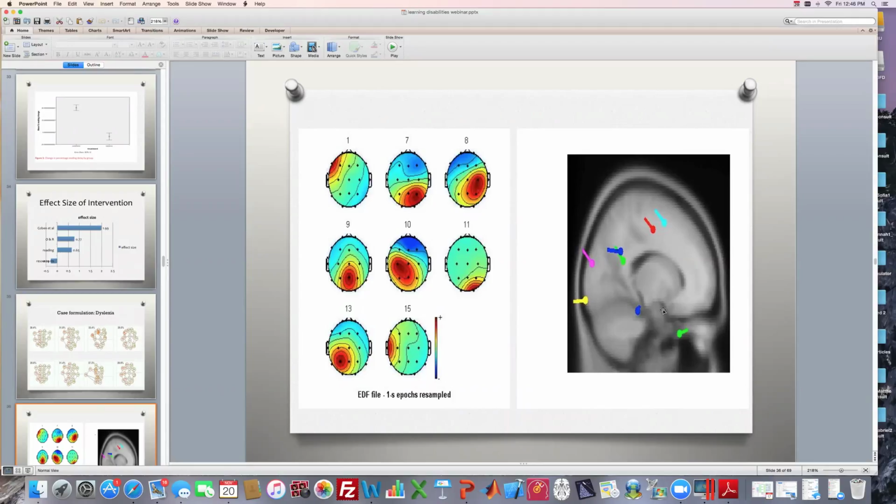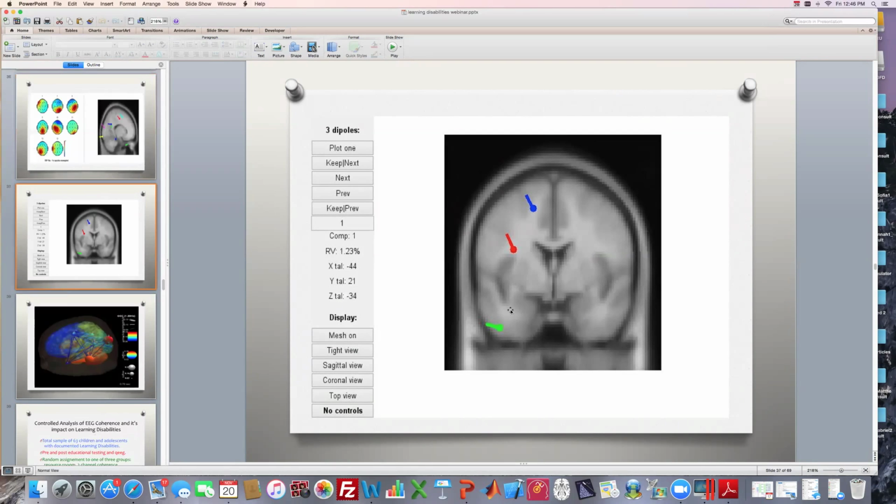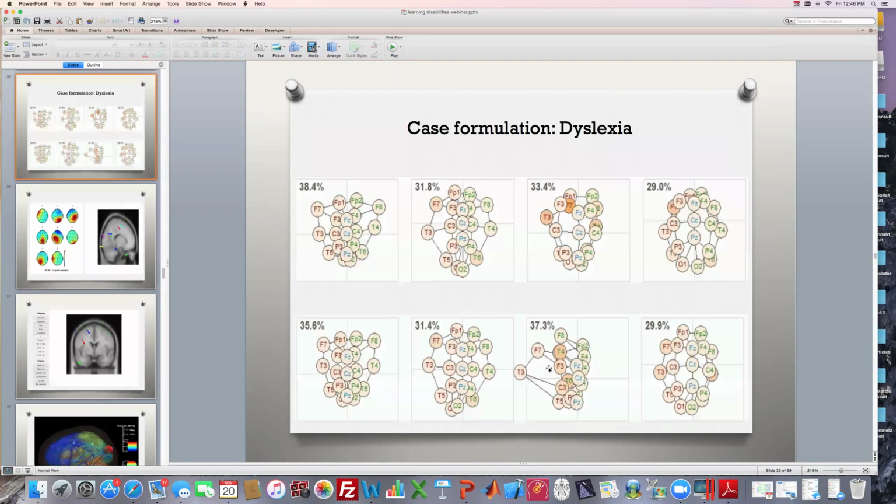It's basically an inverse solution to tell you where the surface activity from the EEG is localized into the three-dimensional brain structure. From that, we can pick dipoles of interest, given the fact that we know this person has dyslexia, and we know that their multivariate coherence up here showed this left hemisphere problem.